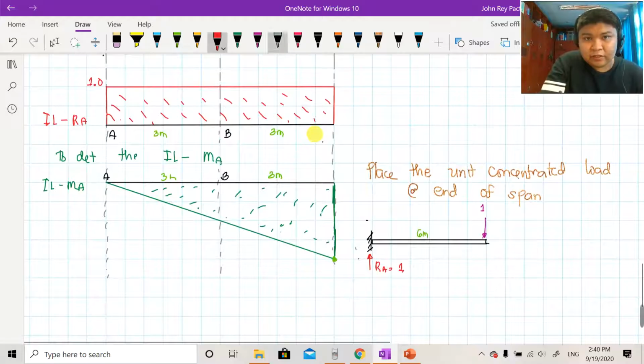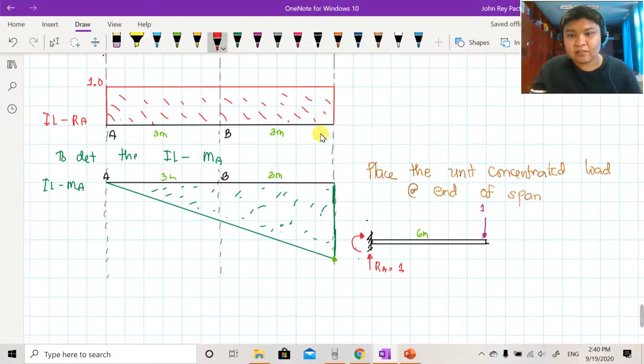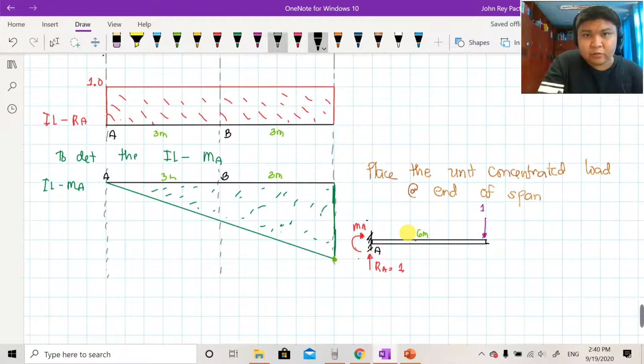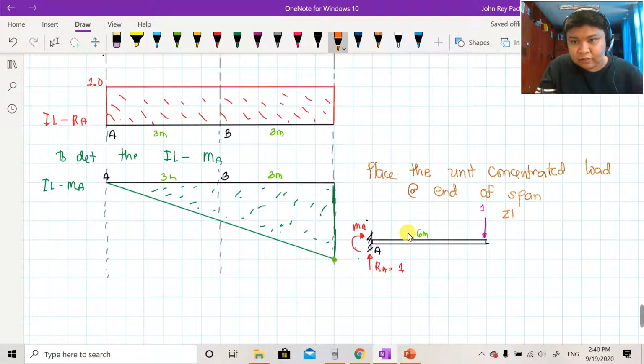So for the moment, we draw it following the convention of positive moment. Remember the convention for the positive moment. If it looks like this. So, moment at A. Let's place this as point A. Then, let's use the equation of equilibrium.